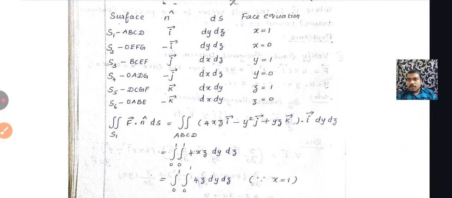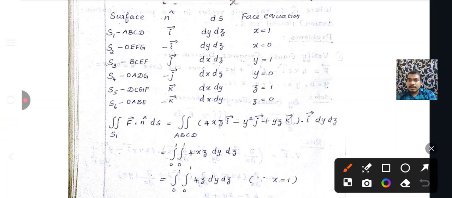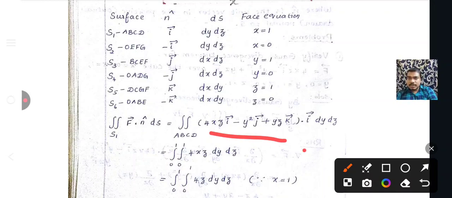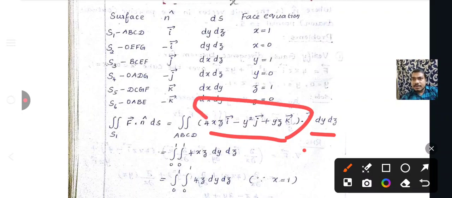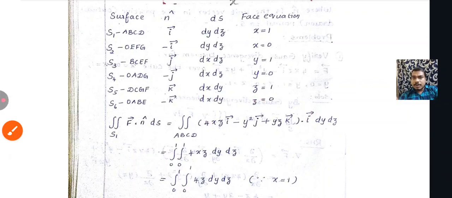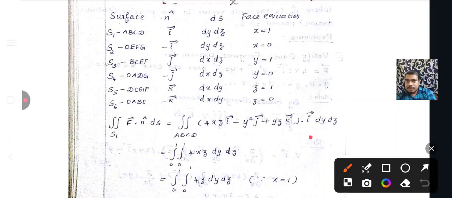From S1, f dot n cap is given, so we write f dot n cap dS with dS equal to dy dz. f vector dot n cap is the dot product with i: i dot i is 1 and the other terms are 0, so we get the coefficient of i, which is 4xz.